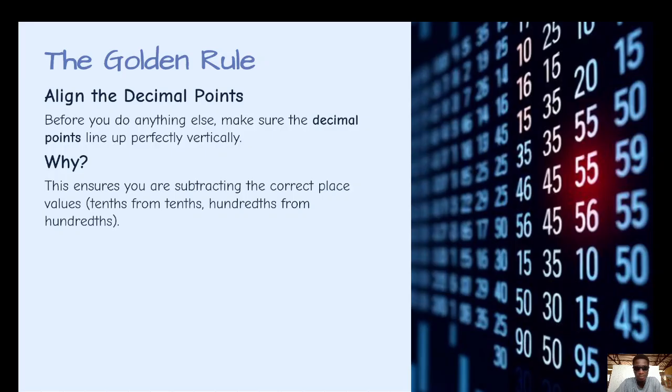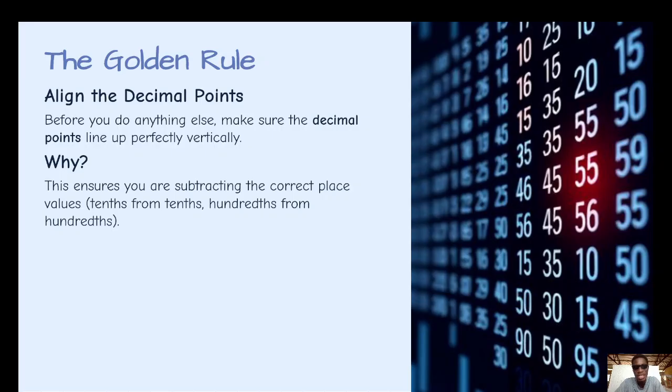So, before you do anything else, make sure you align the decimal point perfectly in a vertical way. The reason being that it will help ensure you are subtracting the correct place values, the tens from tens, the hundreds from hundreds, the thousands from thousands. So these are very, very important things.